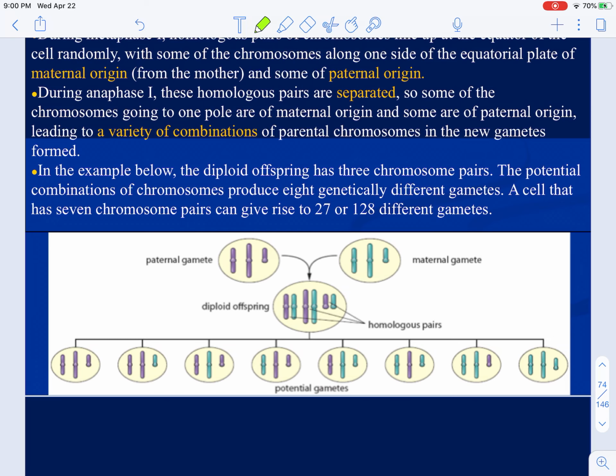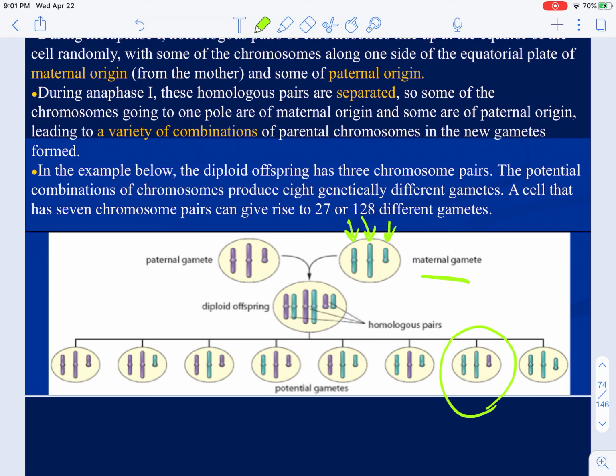The mom's gamete and dad's gamete could have, from the mother, number 1 from her dad, 2 from her mom, number 3 from her mom. You just never know which chromosomes are found in that gamete.